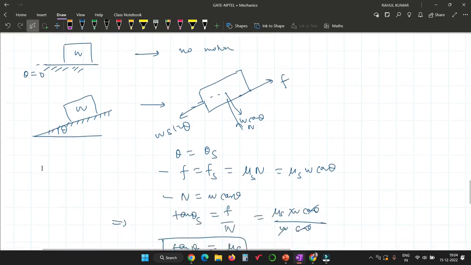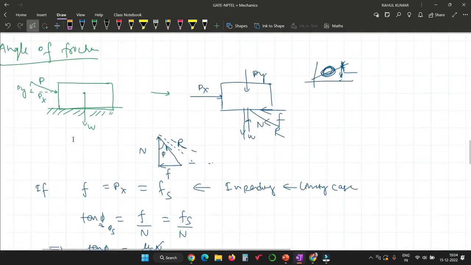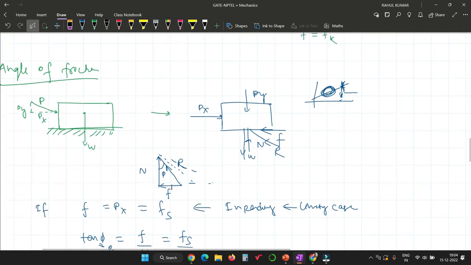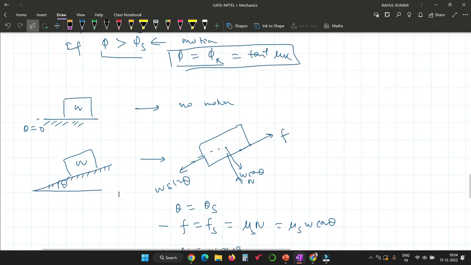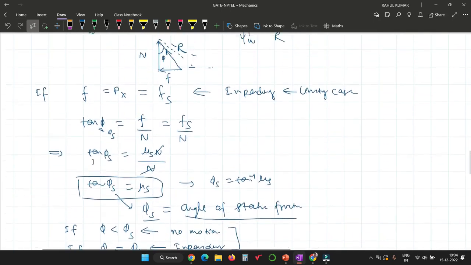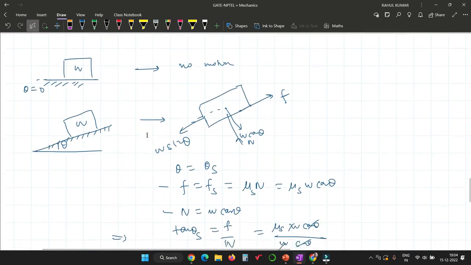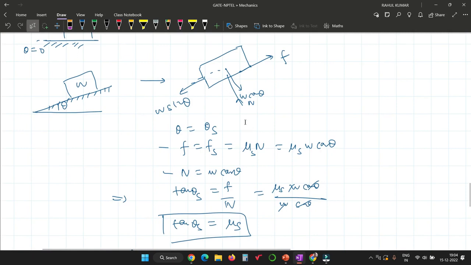Because here you are rotating this surface by angle theta, and here you are rotating the vector. So physically both are the same, but interpretations are different. Here you are assuming phi is the angle between r and n, but here theta is the angle between these two surfaces.